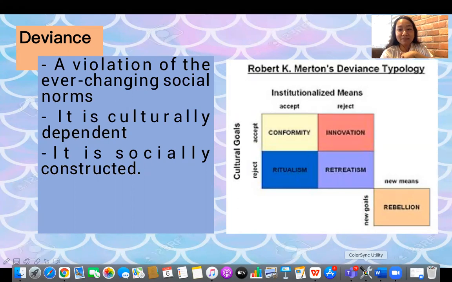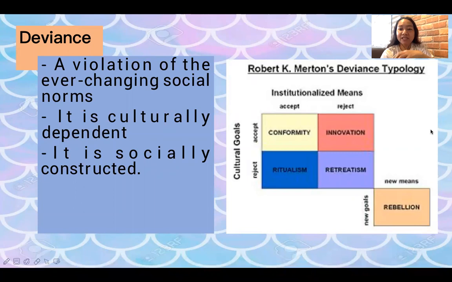We also discussed the theory of Merton, and we said that we will be meeting his perspectives in the future as well. But for us to have the foundation, because when you read the different theories in relation to deviance, it is very likely that you will encounter his theory. So we talked about the 5 approaches or ways in which a person could be tagged as deviant.